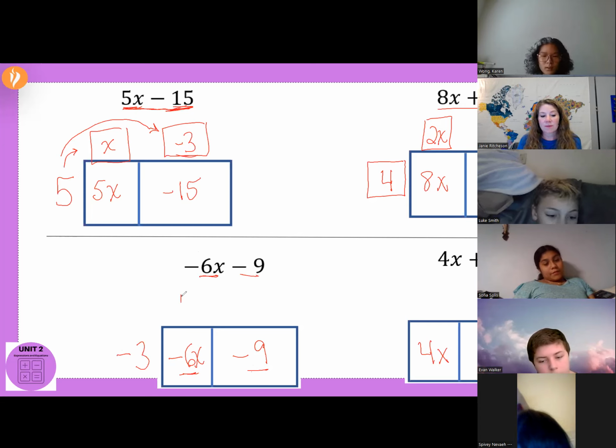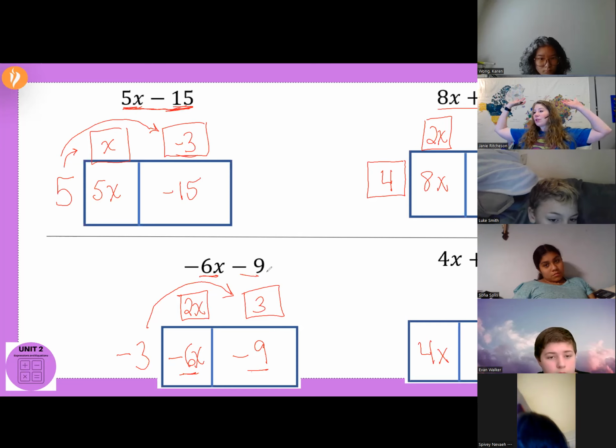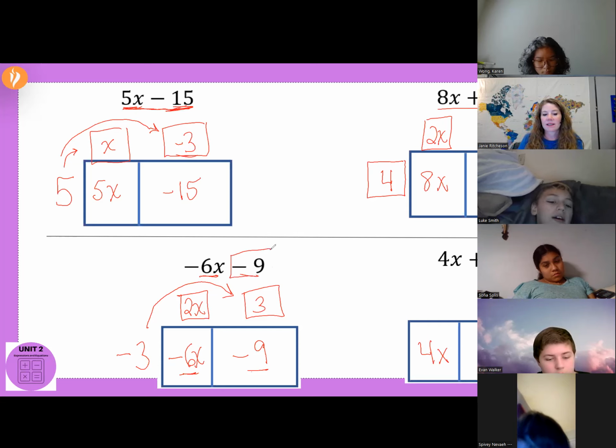So what goes here? 2x, Luke. I heard that loud and clear, buddy. 2x and the other one is 3. Negative 3. No, Luke, negative 3 times negative 3 is positive 9. This is negative 9. Oh, yeah, it's 3.